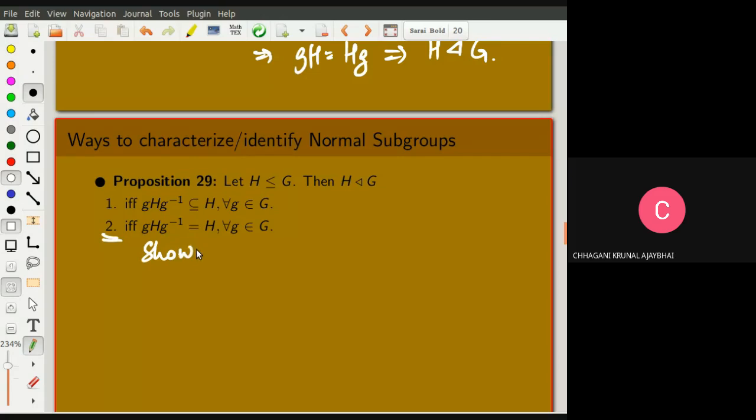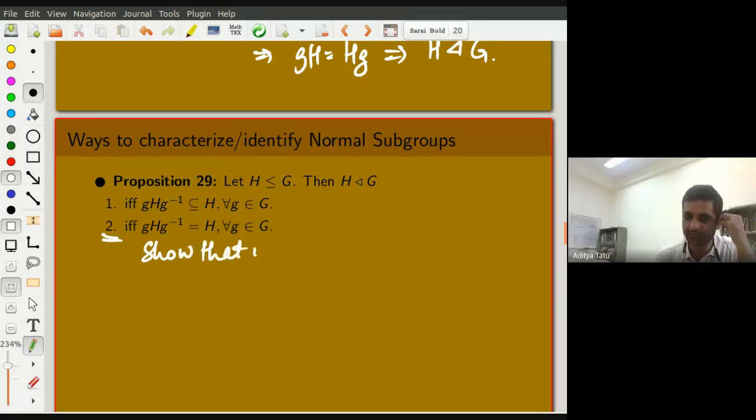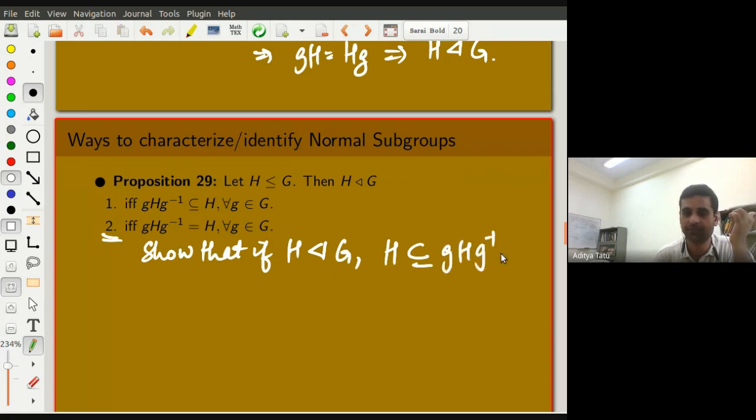Show that if H is a normal subgroup of G, then H is a subset of GHG inverse for all G. How do we show that?